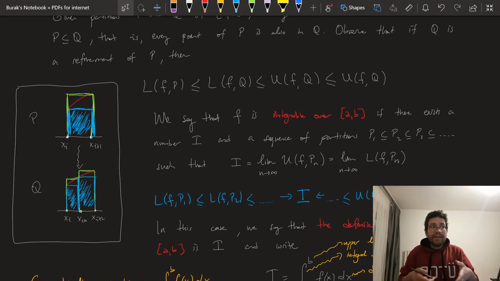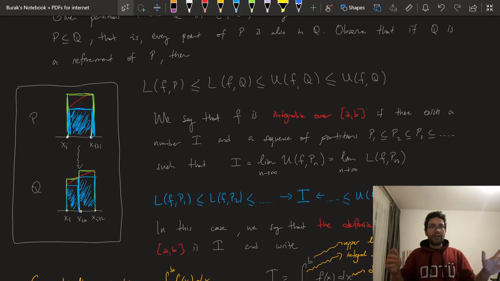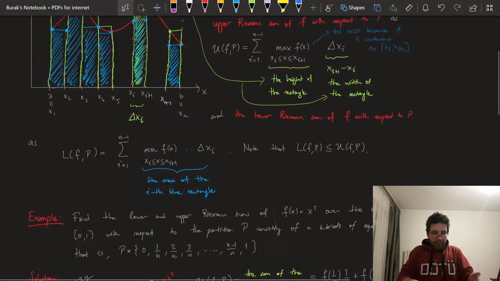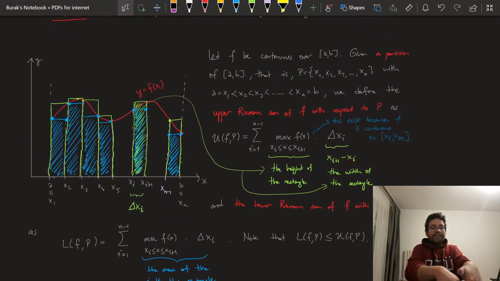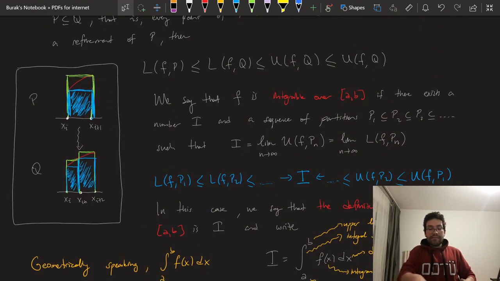I'm speaking as if there is this God-given notion of area of a region, and the integral gives us the area of that region. It's actually the other way around. In reality, we are defining the area of a region like this, because pictorially, if upper Riemann sums and lower Riemann sums converge to the same number, that number ought to be the area of that region.